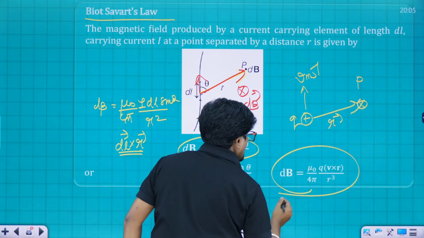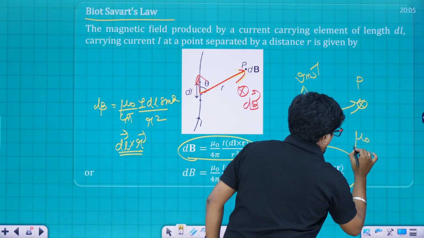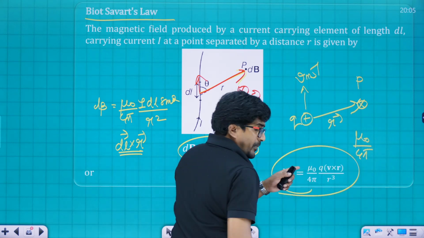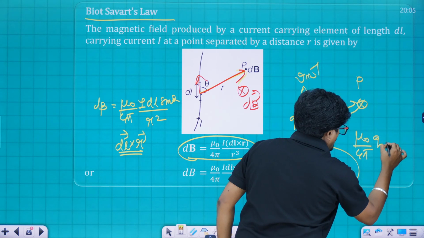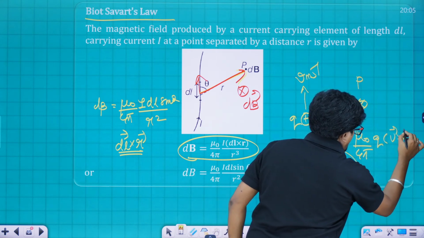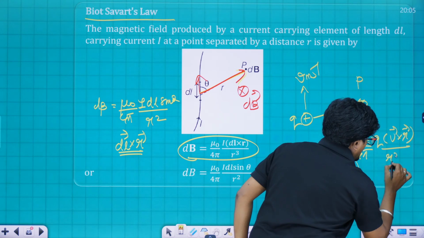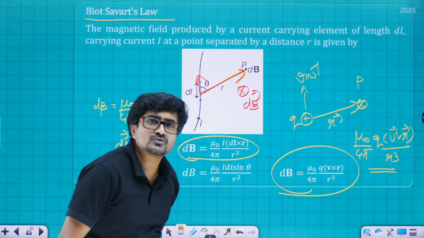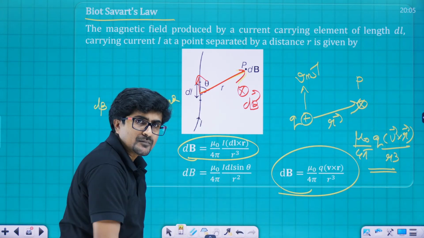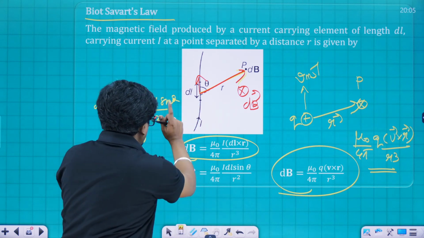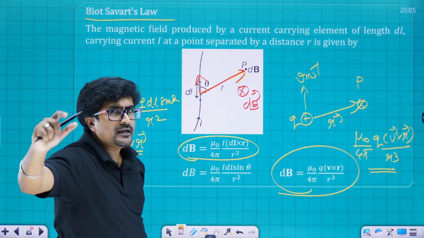That is, it's going to be mu naught divided by 4 pi into q times v cross r, all divided by r cubed. In this way also we can calculate the magnetic field due to a moving charge, and here this was due to a current carrying strip of small length dl.